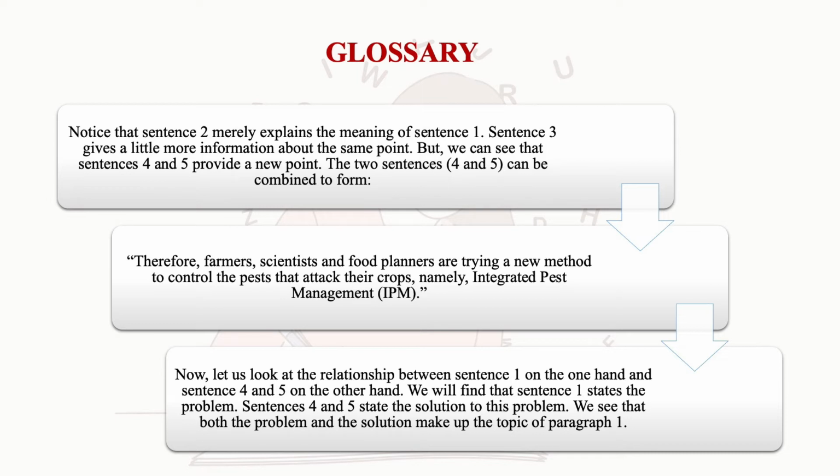We will find that sentence 1 states the problem. Sentences 4 and 5 state the solution to this problem. We see that both the problem and the solution make up the topic of paragraph 1.